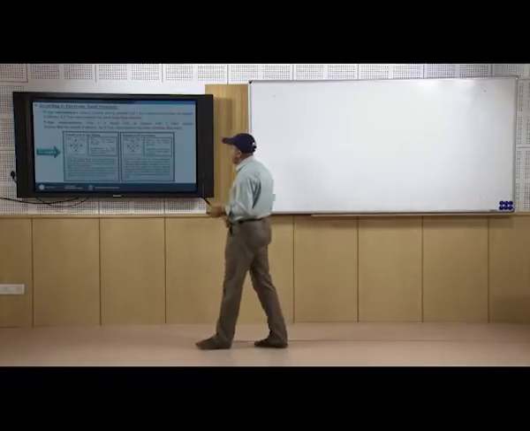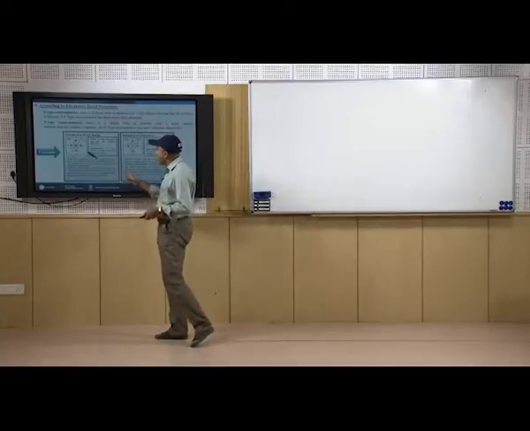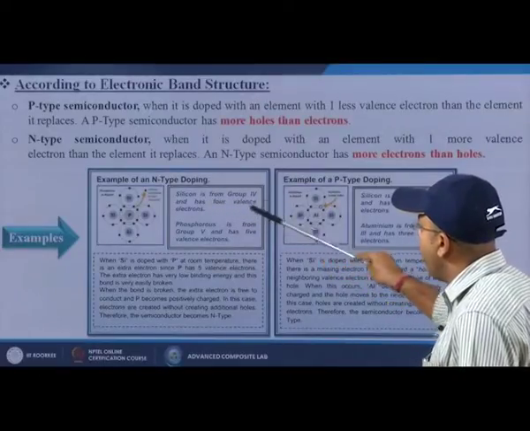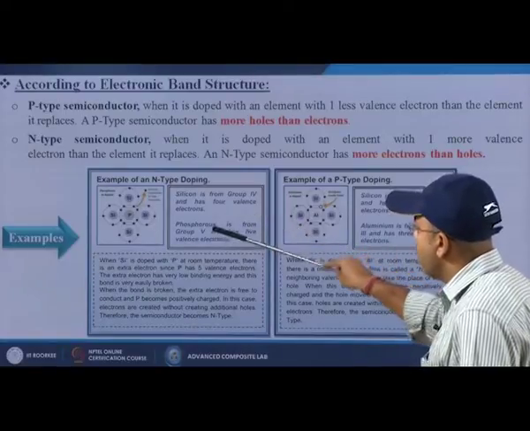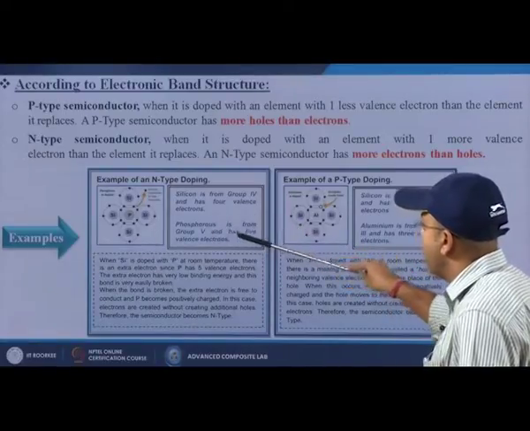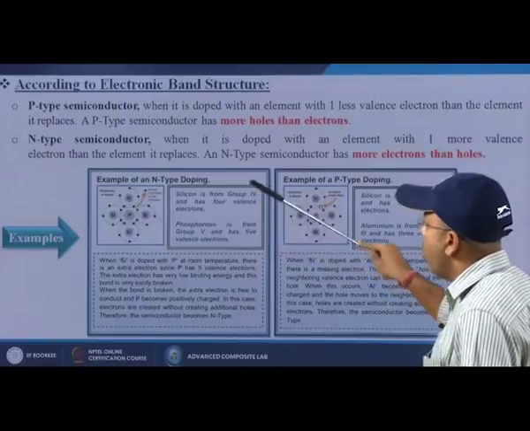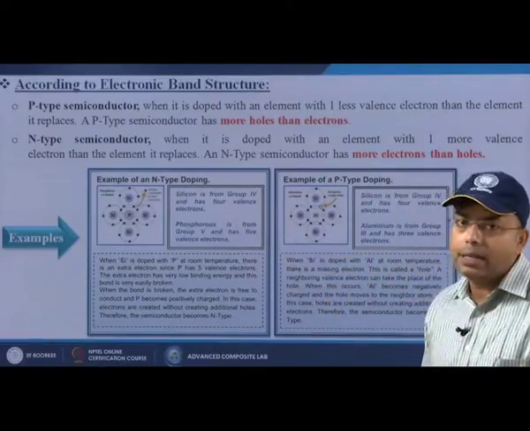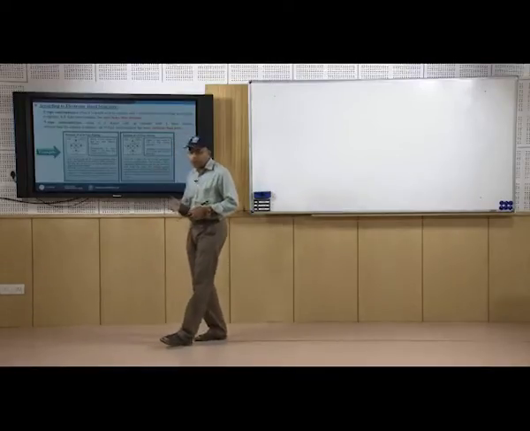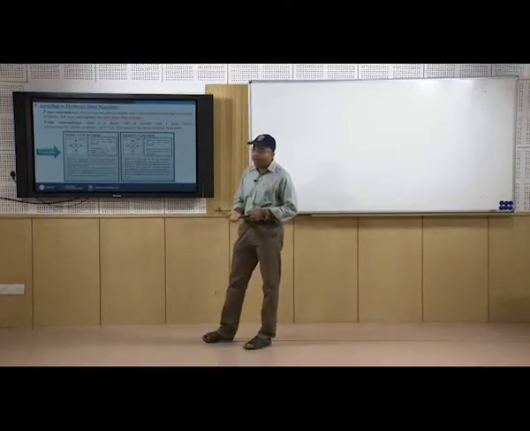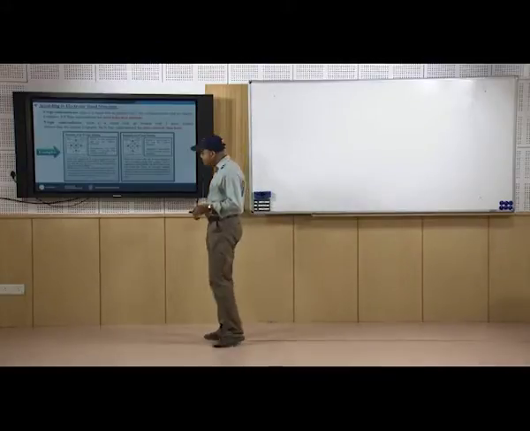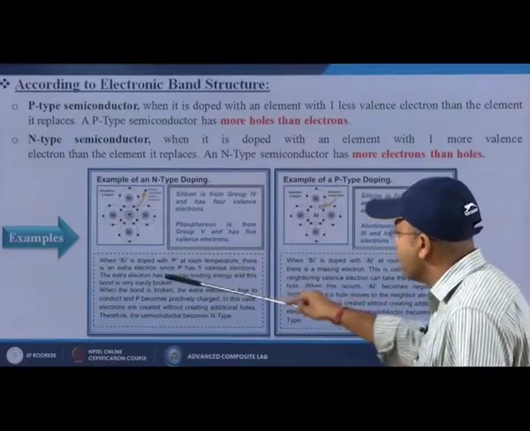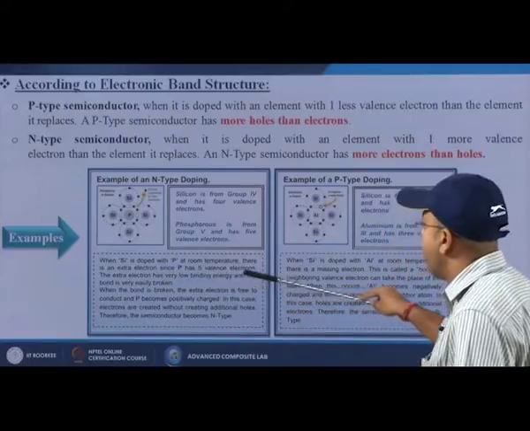Then here are some classical examples of n type doping. Silicon is from group 4 and has 4 valence electrons, phosphorus is from group 5 and has 5 valence electrons. So, automatically the phosphorus will go inside the silicon, because the phosphorus valency is higher than the silicon. When silicon is doped with phosphorus at room temperature, there is an extra electron, since P has 5 valence electrons.